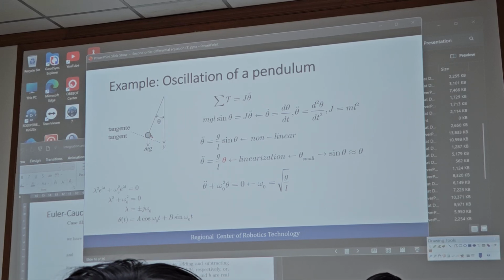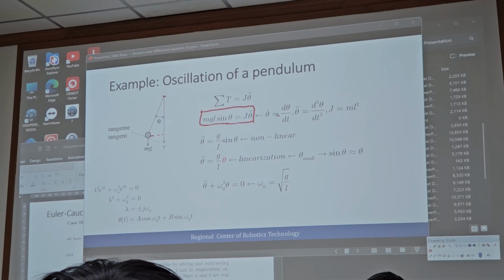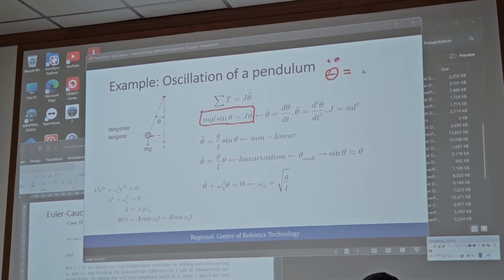So in this case, mg, you take the moment here: mg L sine theta equals J theta double dot. So you have a second-order system, and theta double dot equals, in this case, mg over J sine theta.